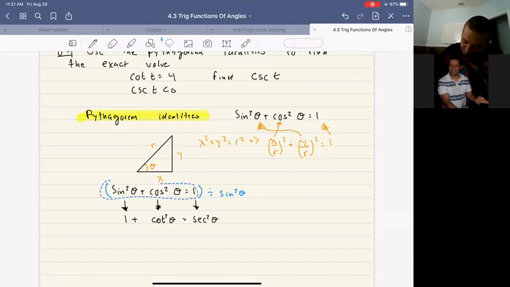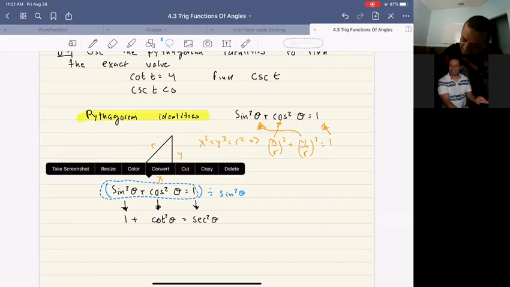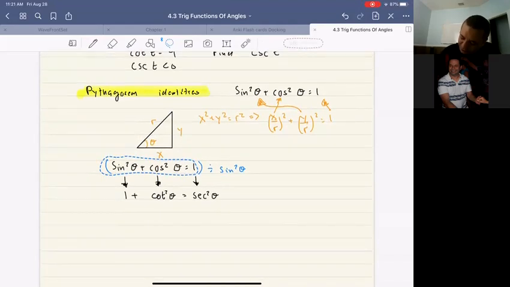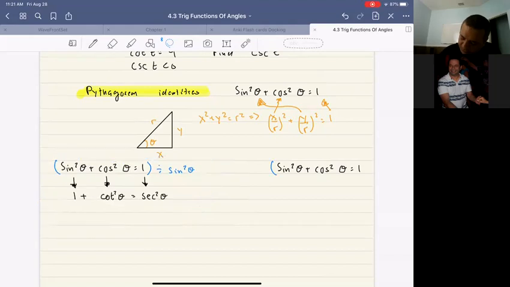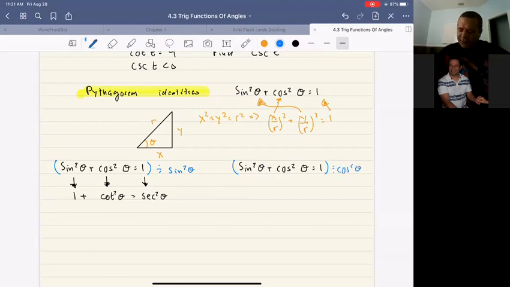I'm going to go back to my Pythagorean identity, the original. I'm going to give you guys another identity. I could also divide it by cosine squared of theta. And this is the one I actually use more often myself. But they're both useful.